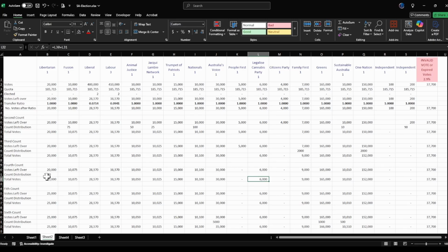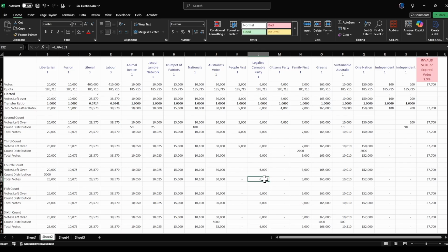At this point on the 5th count, it might be that some people's votes have expired because they're at 6 or 7 or 8 on their preference, but the first 5 parties or 4 parties have been eliminated. So their votes can then expire because their preferences have all been used past the 6. So we'll take that into account when we do this one.